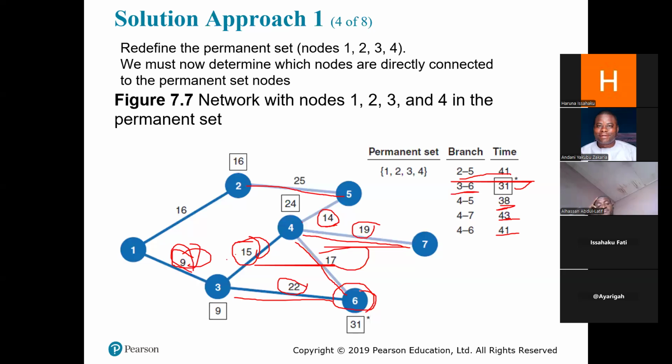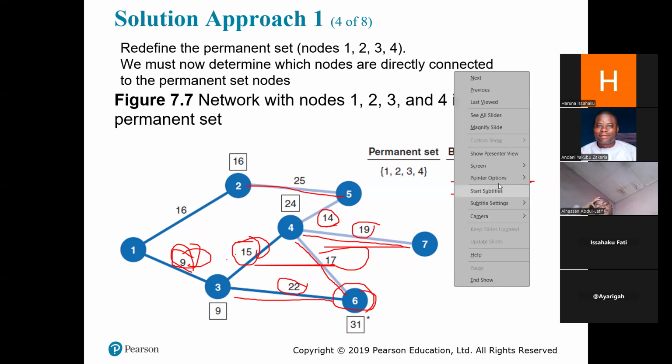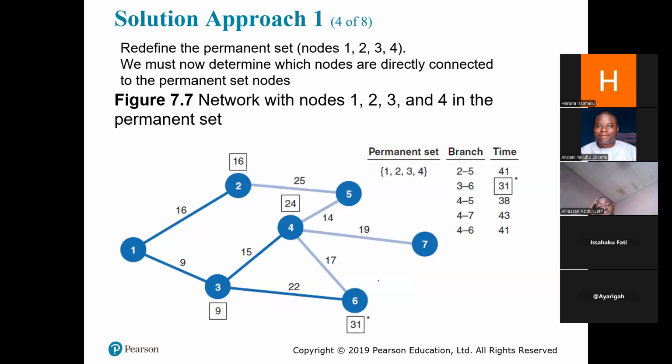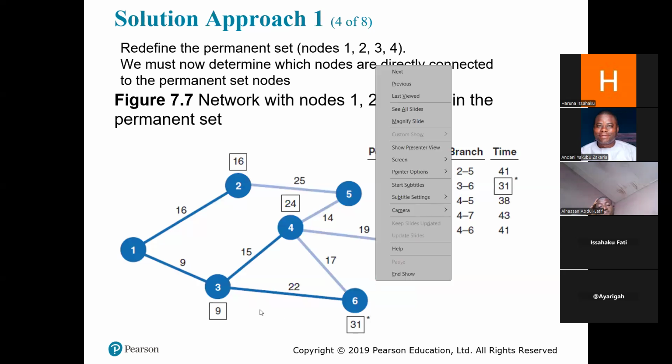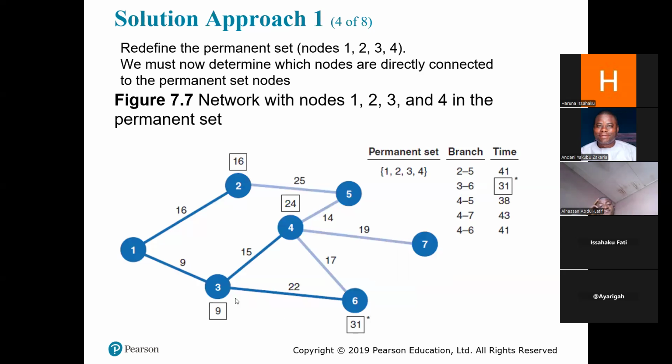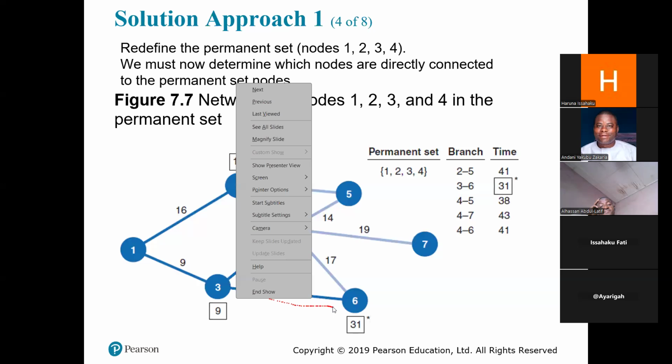We have determined node 6. So which means that our permanent set has to be redefined to include node 6. So you see the distance between node 3 and 6 is also now deepened. The branch is now thicker and deepened. Okay.